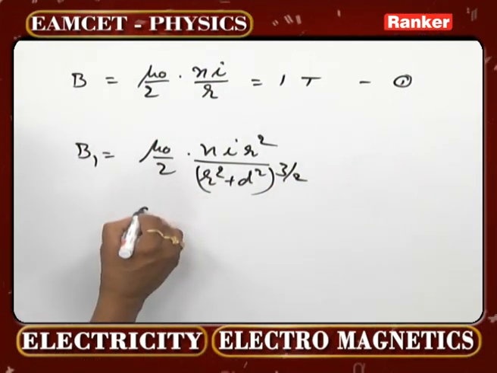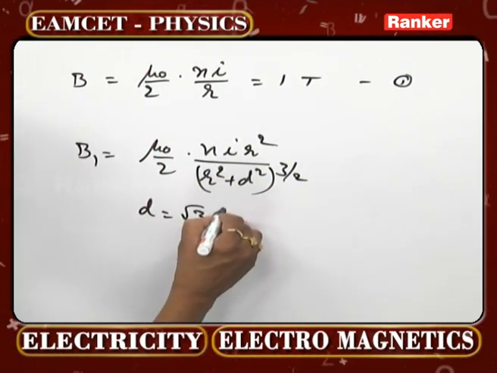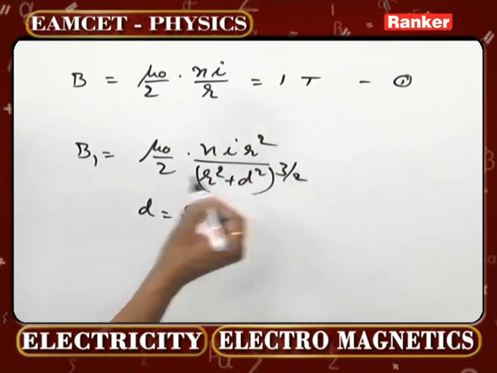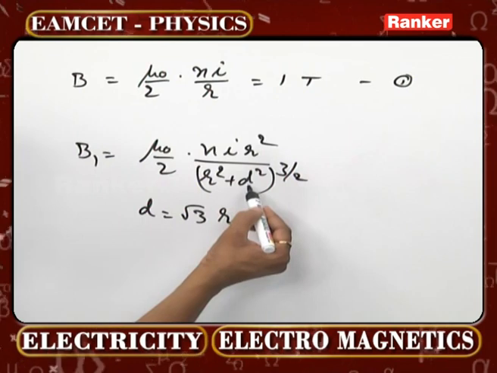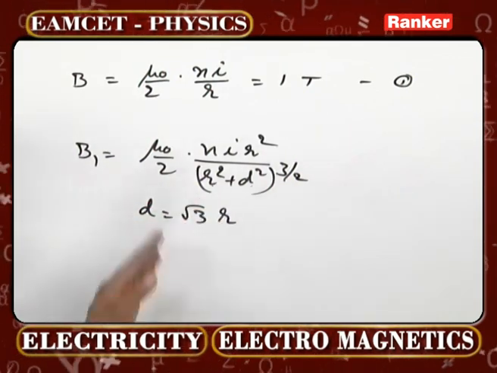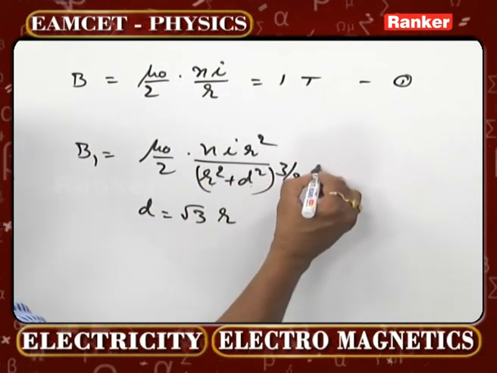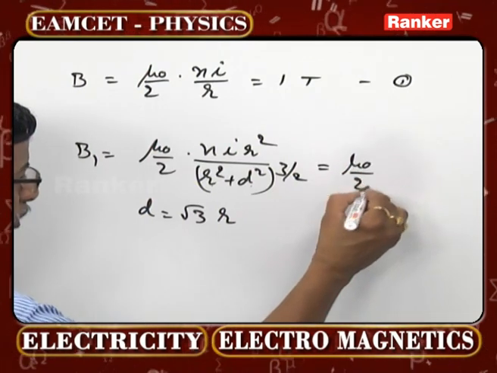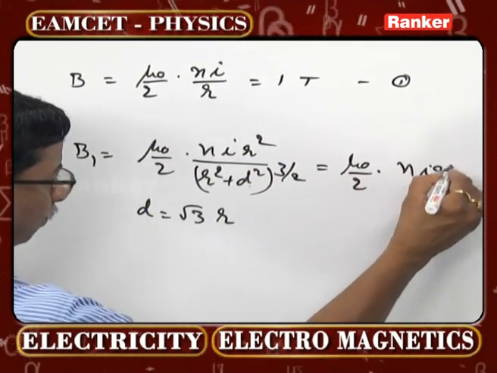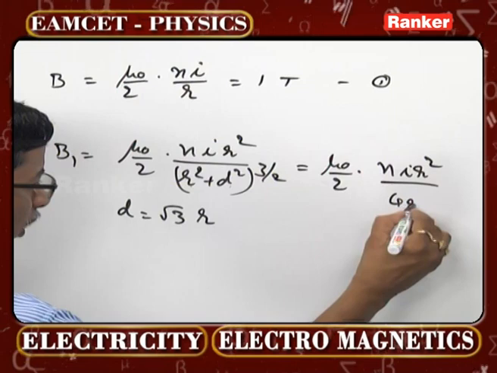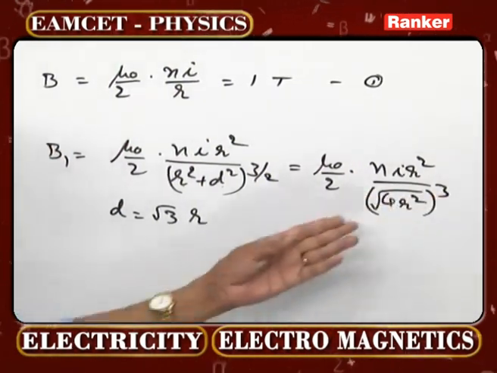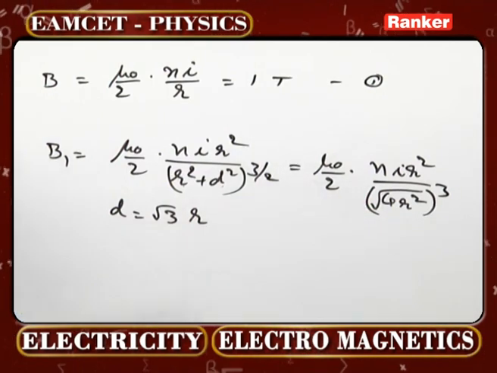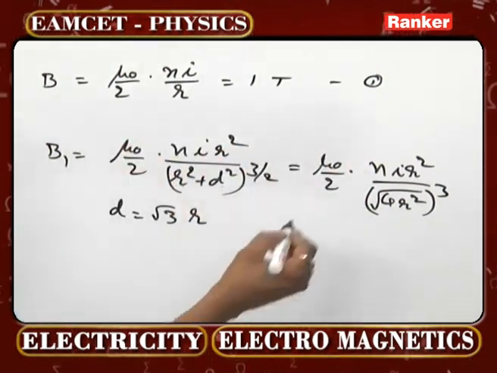What is the value of d now given? It is root 3 r. Substitute that here. d square will be 3r square. 3r square plus r square is 4r square. Now you can rewrite the same thing this way: mu naught by 2 into Ni r square by (4r square) whole power 3 by 2. 4r square root is 2r. 2r whole cube is 8r cube.